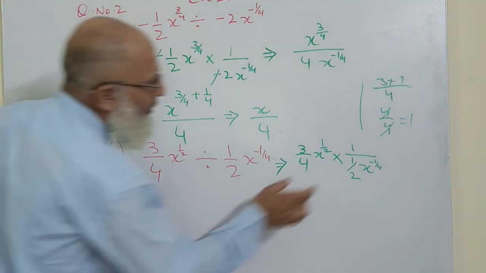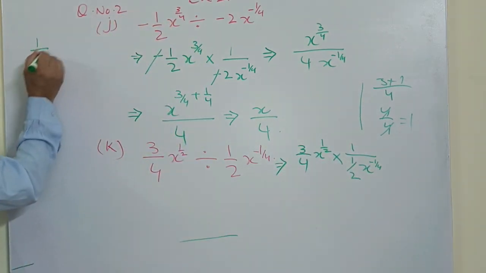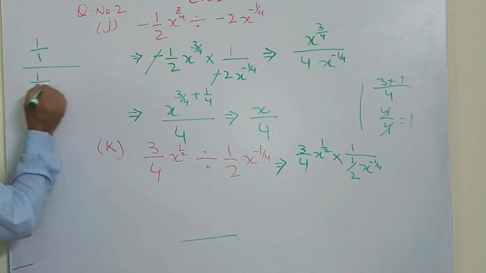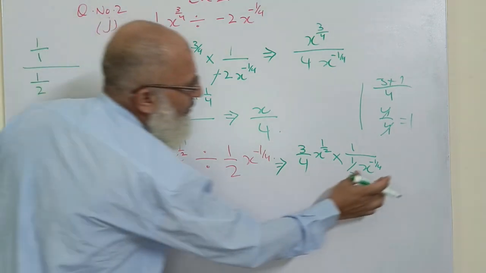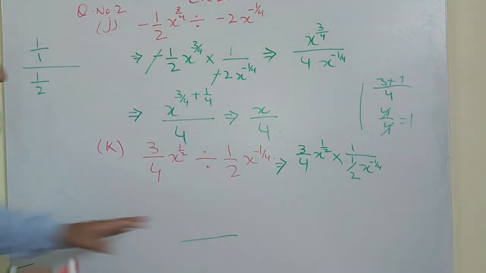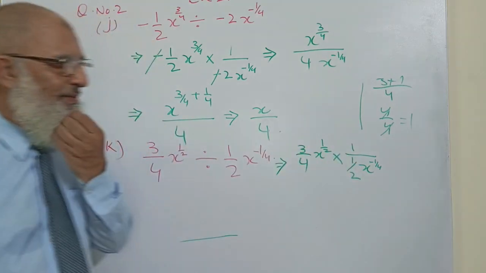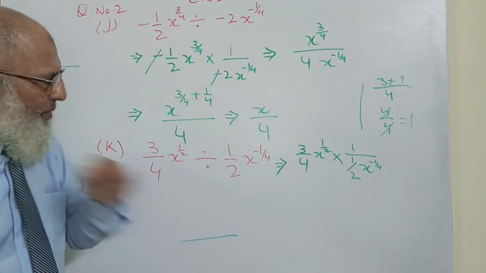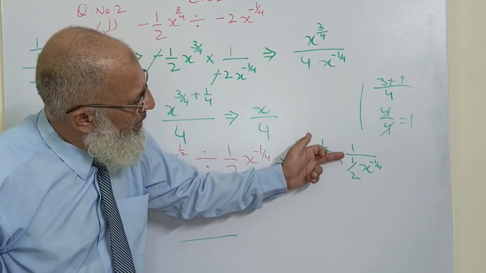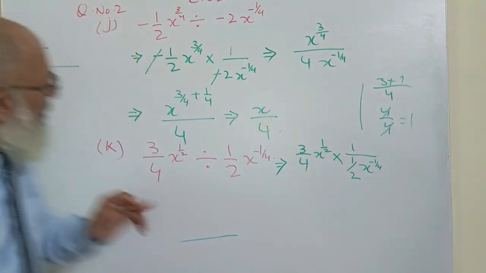Suppose now just think that this one is written like this, 1 divided by 1, and just forget for some time this x. What is written without this x is 1 and this line and again half.